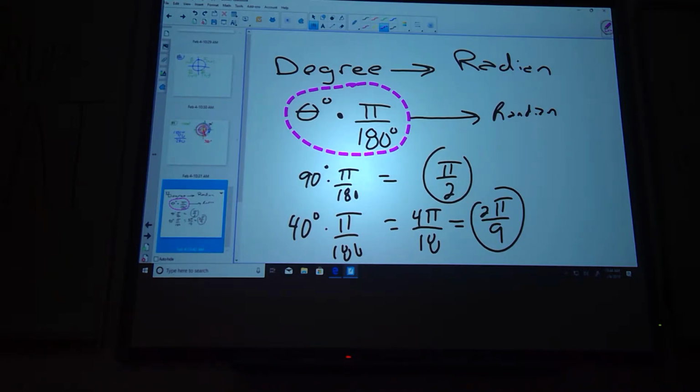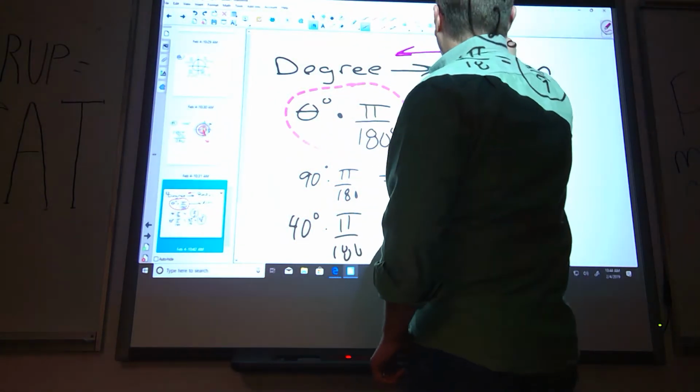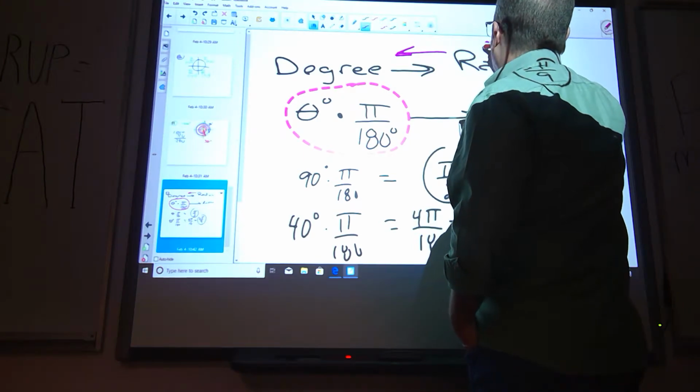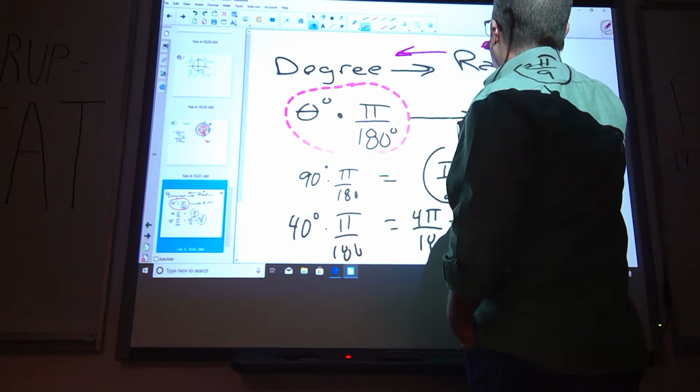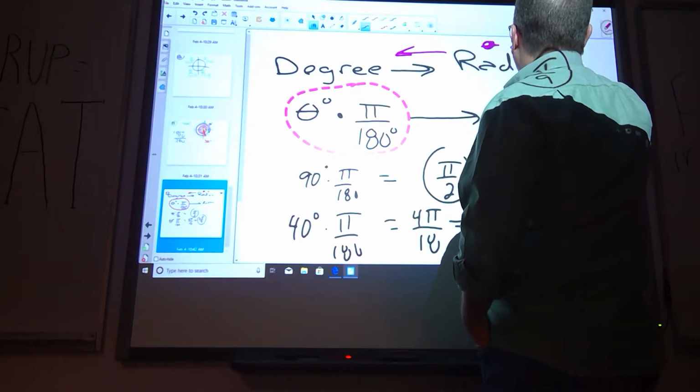What do you think it is to go from radians to degrees? Opposite. Yeah, multiply by 180 over pi. If you want the pi's to cancel out, that's the best way to remember that. So if I want to go this way, I'll multiply my radian amount, my angle, times 180 over pi.